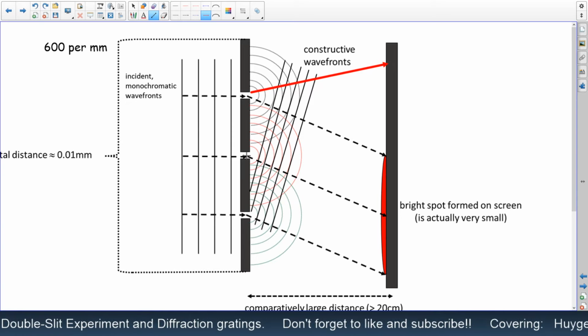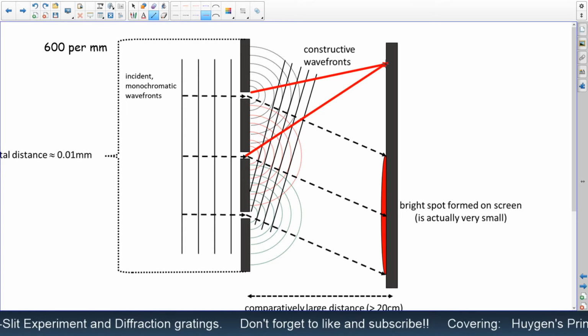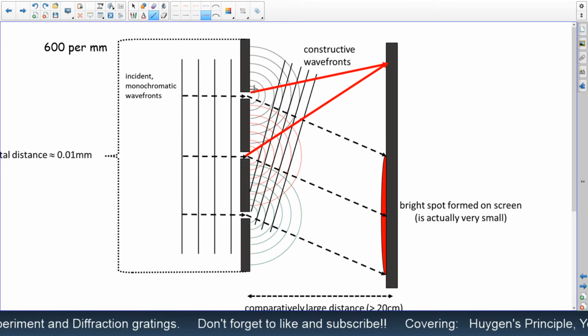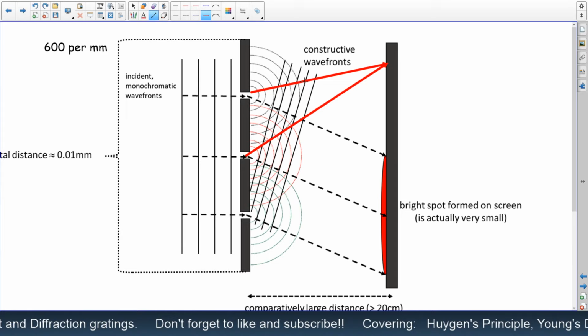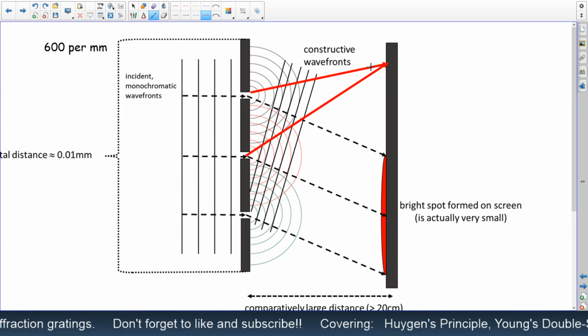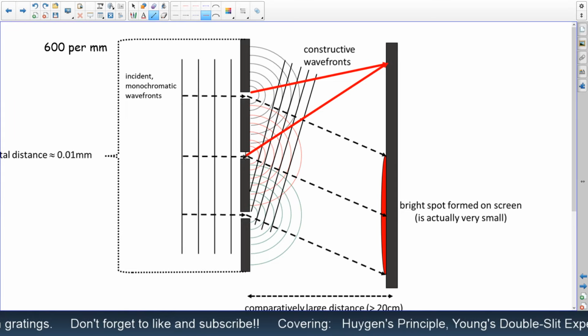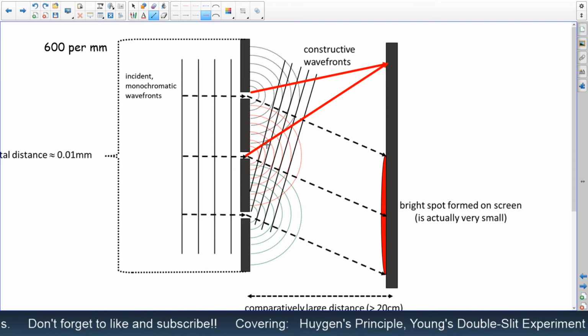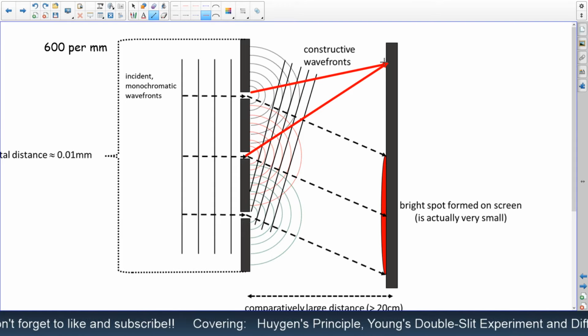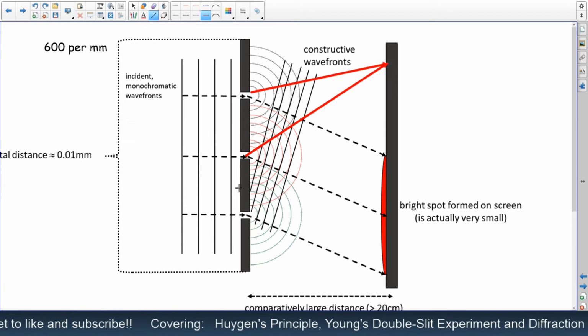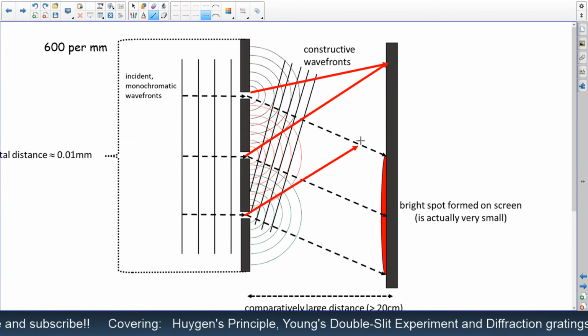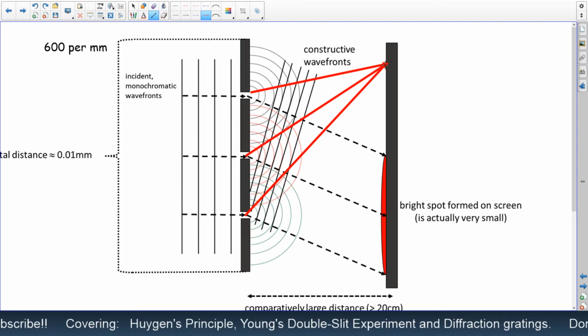Okay. It is highly unlikely that when this crest arrives, when it gets here and it copies its way all the way around, at the instant a crest arrives here, it is profoundly unlikely that it's going to meet a crest from this one. And if it does, it's even more unlikely that it's also going to meet a crest from this one.